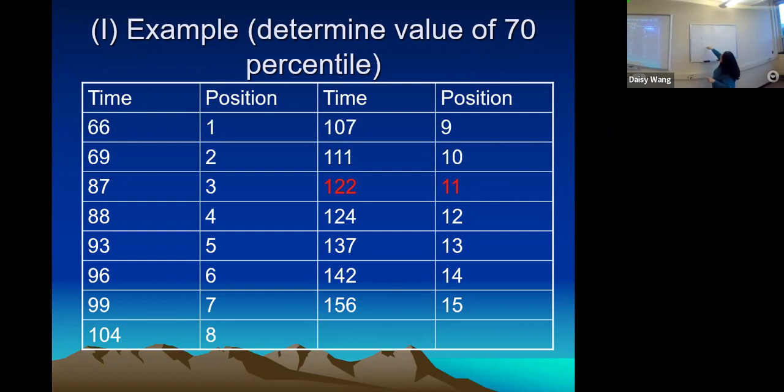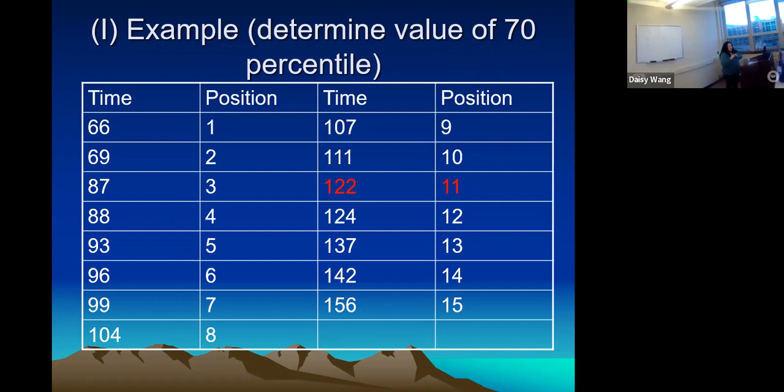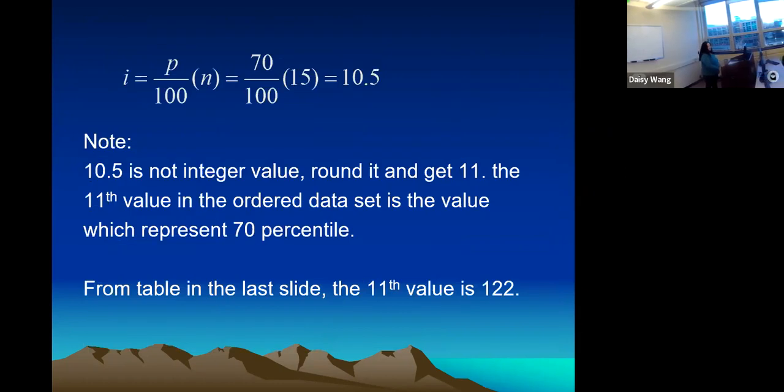So the 60 percentile is actually these two: 107 plus 111 divided by 2. Midpoint, so that's 109. So 109 is the 60 percentile, and then the 70th percentile is 122. Okay? So that's it. Any questions?